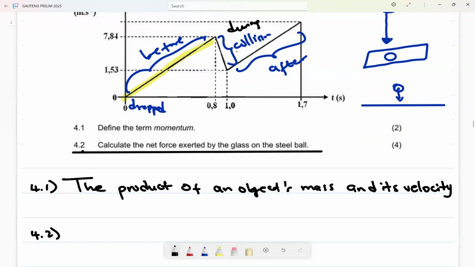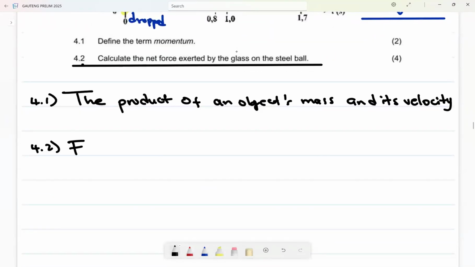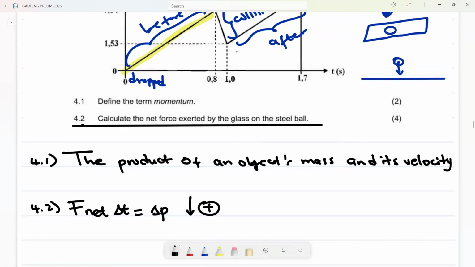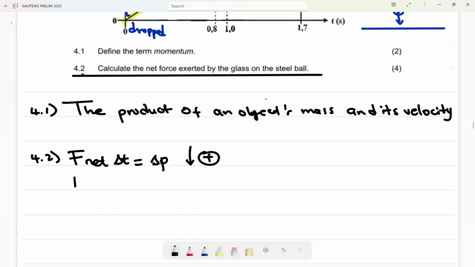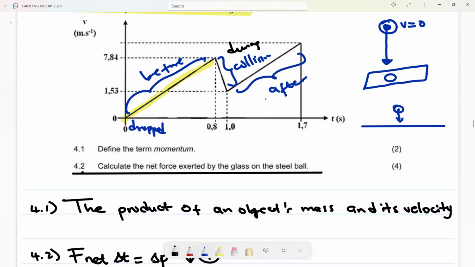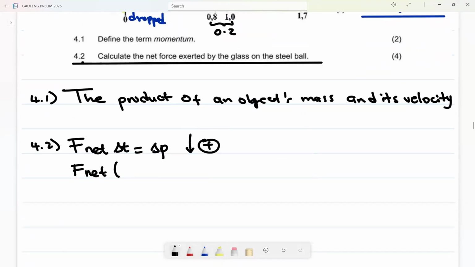So I might calculate the net force using impulse. I'm going to choose downwards as positive because it's moving downwards. My F net is unknown. But what was the contact time during the collision? The contact time was 1 minus 0.8, so the contact time was 0.2.